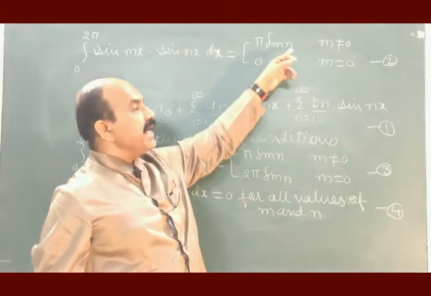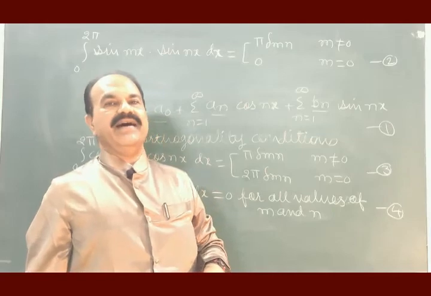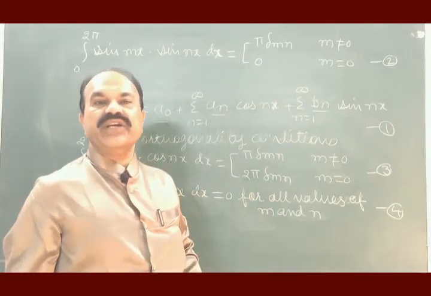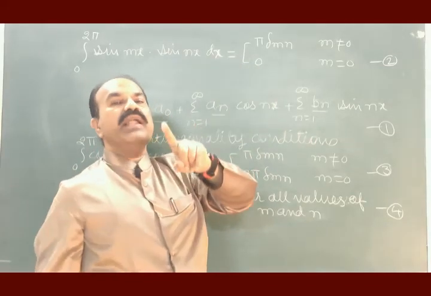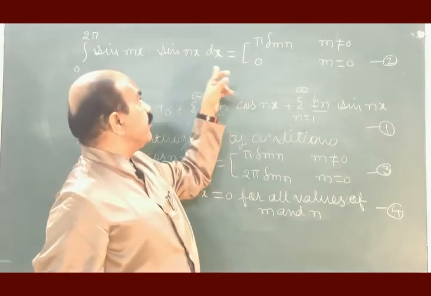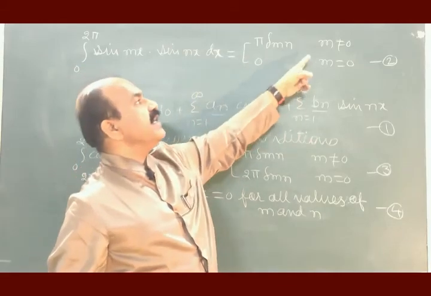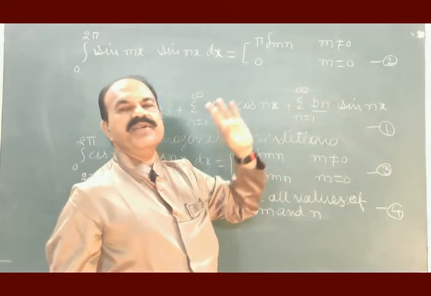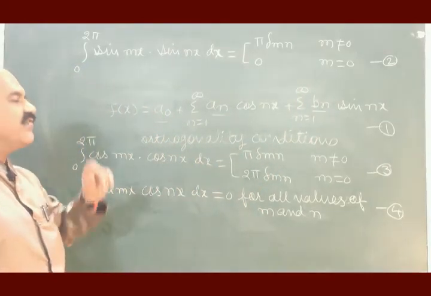This delta mn is known as Kronecker delta. Its value will be equal to 1 if m is equal to n. This is the first orthogonality condition for the sine function.